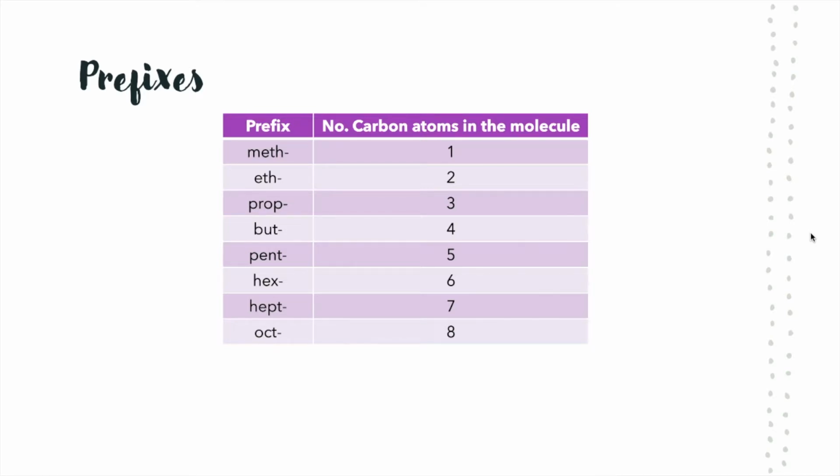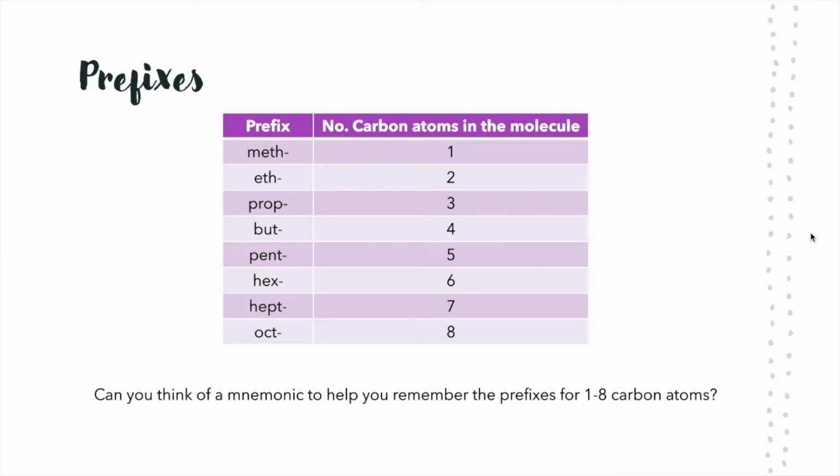Now, it's a really good idea for you guys to make a note of this. There is a copy of this table in the pupil booklet which will be available to you guys. However, if you prefer to make your own notes, I advise making a note of this in your jotter. Another really good thing to do would be to come up with a mnemonic to help you remember the prefixes for 1 to 8 carbon atoms.